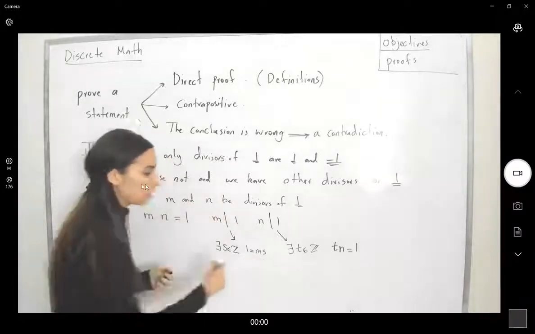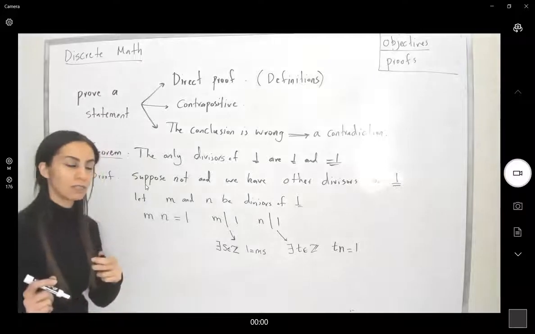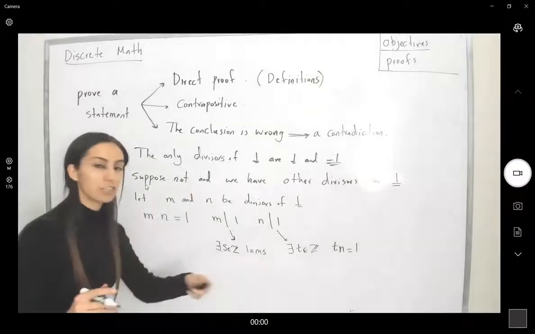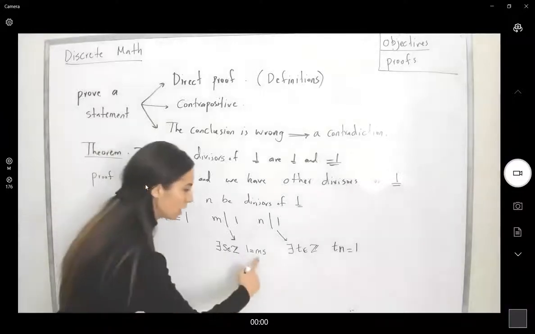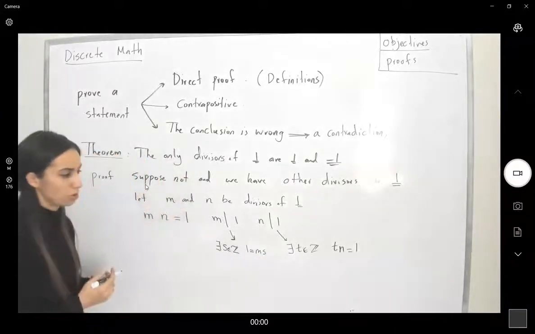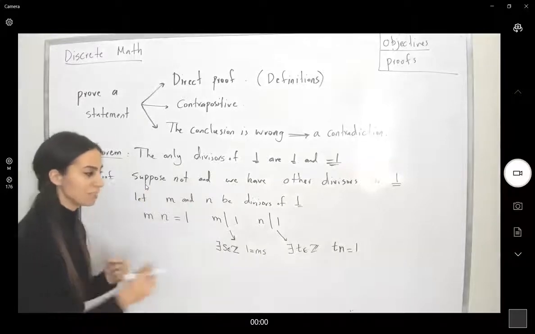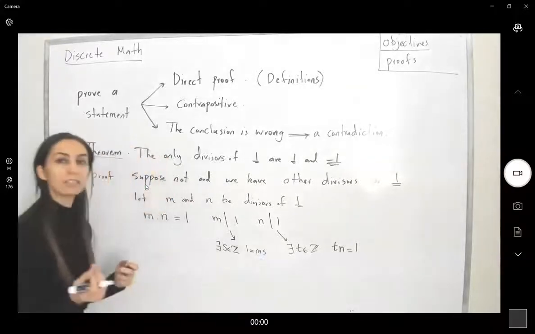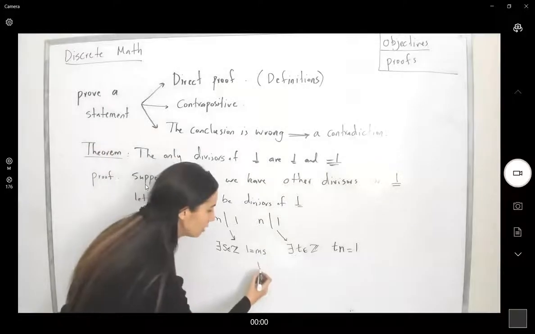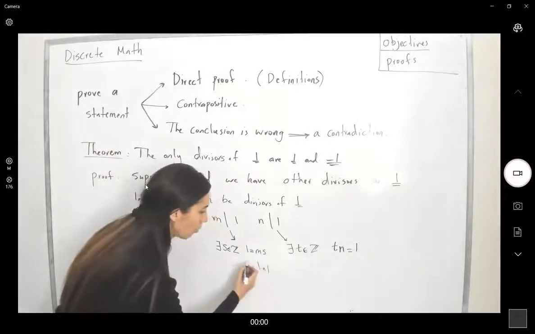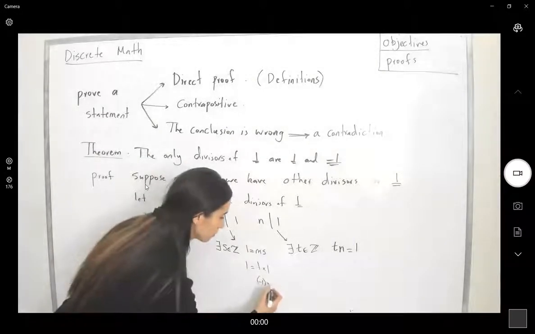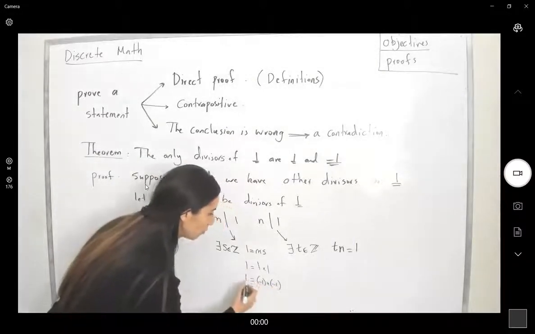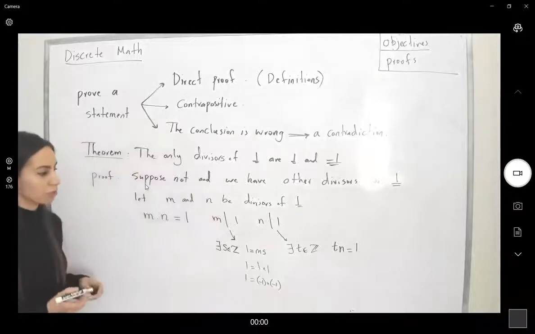So m and n are integers that when you multiply them together, the result is equal to 1. M and s. So what are the multiples that when you multiply them together, it is 1? It can be 1, or both of them are negative 1. When you multiply them together, the outcome is equal to 1.